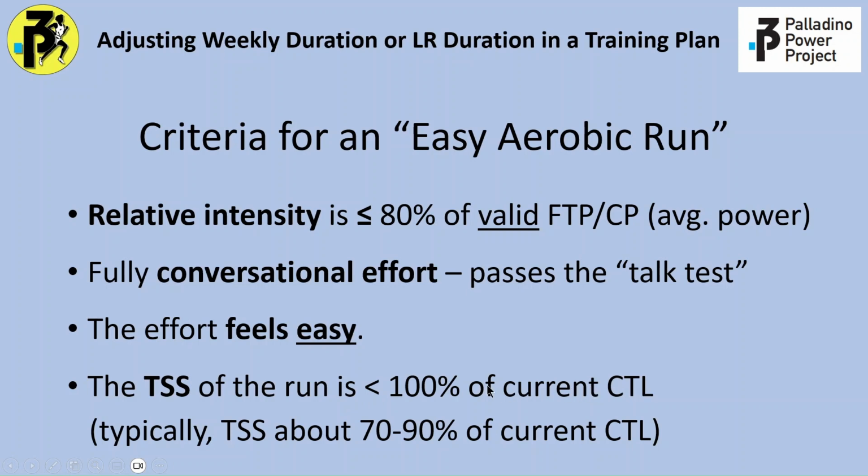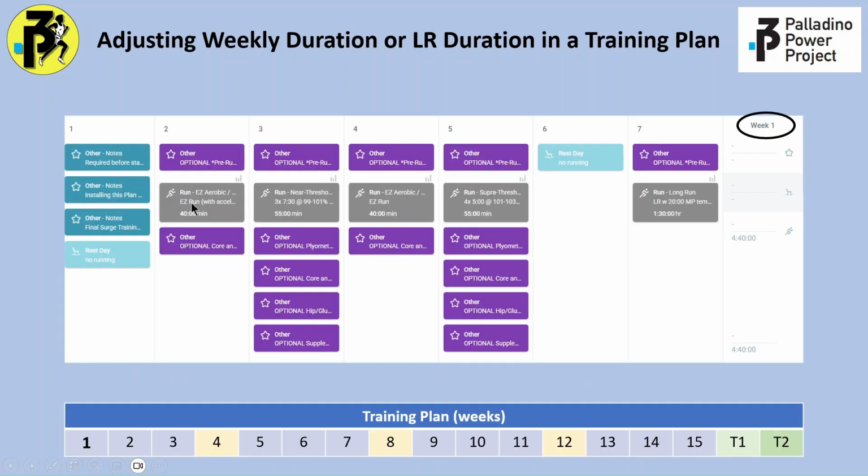So if you say, I want to make this 45, but that 45-minute easy run is going to end up with an RSS that's higher than your current 42-day exponentially weighted rolling average, or your chronic training load, CTL, then you don't do that.